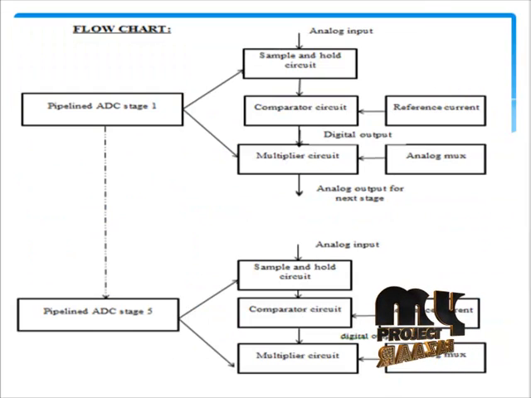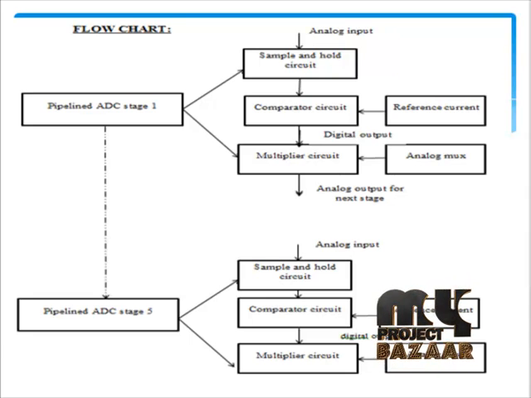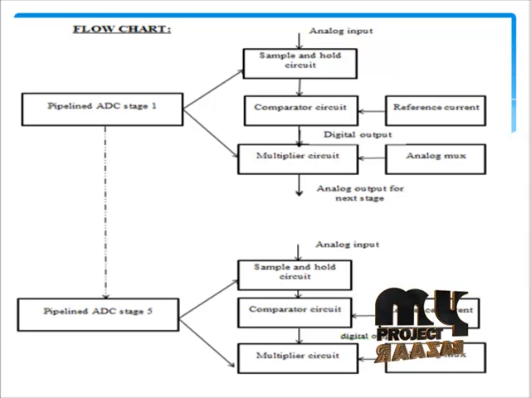Now we are going to discuss our process flow diagram. In our ADC we have designed a pipeline architecture. We have presented a sample and hold amplifier design that improves the sampling linearity. Next are the pipelined ADC stages; we have designed stages 1 to 5.